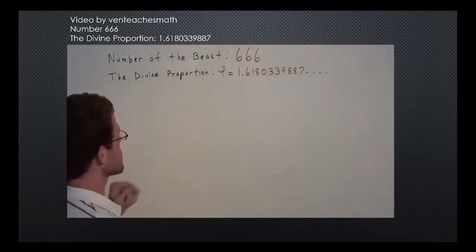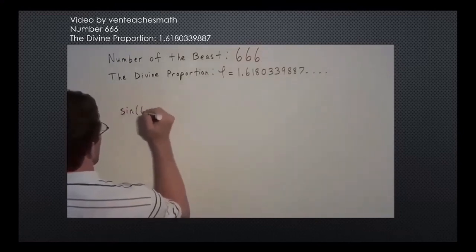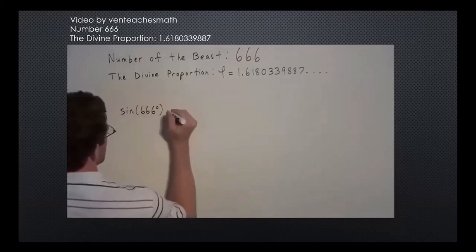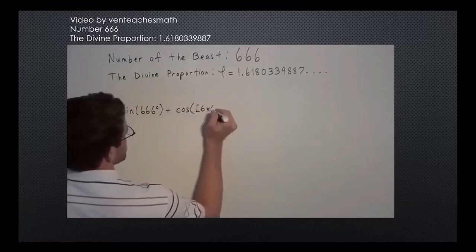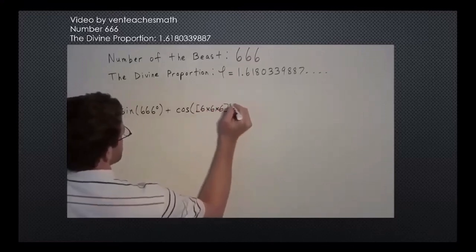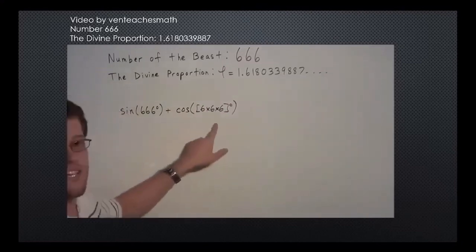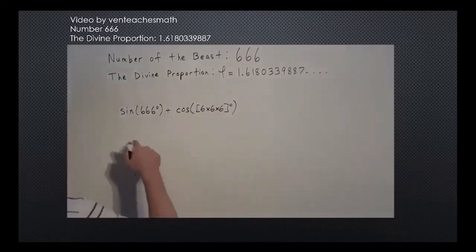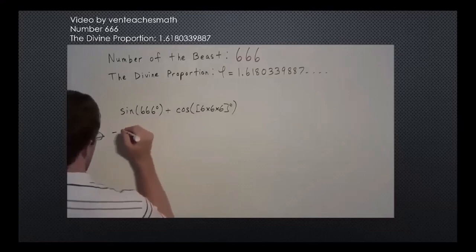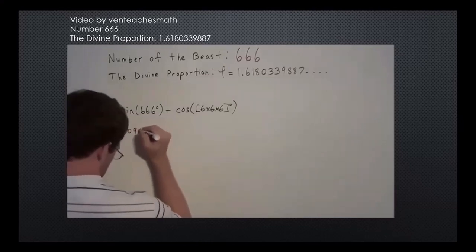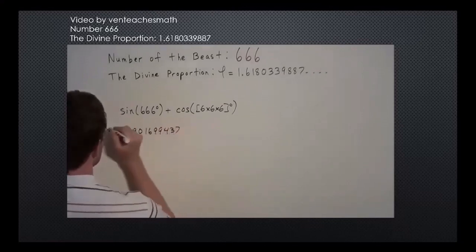So using a pocket calculator, you could type the expression sine of 666 degrees plus cosine of 6 times 6 times 6 degrees. And you could punch this entire expression right into your calculator, but to see how it simplifies, just so you could follow along easier, the sine of 666 degrees is negative 0.80901699437.